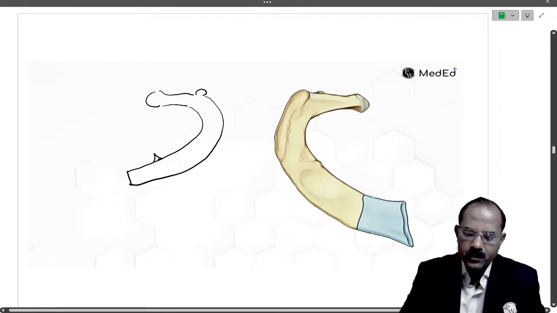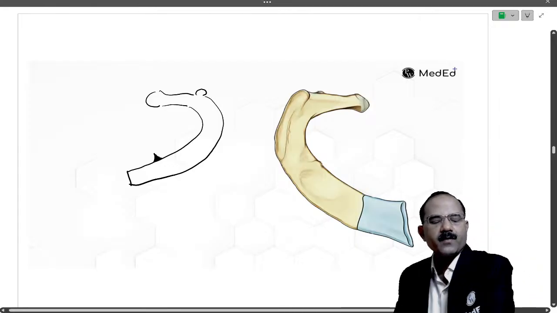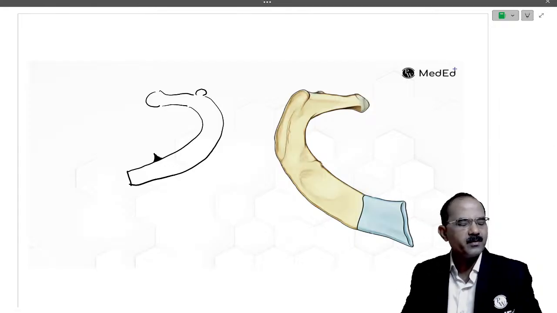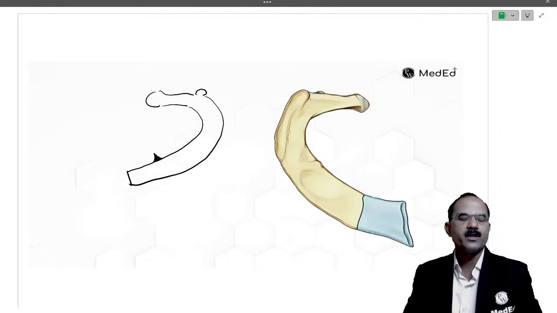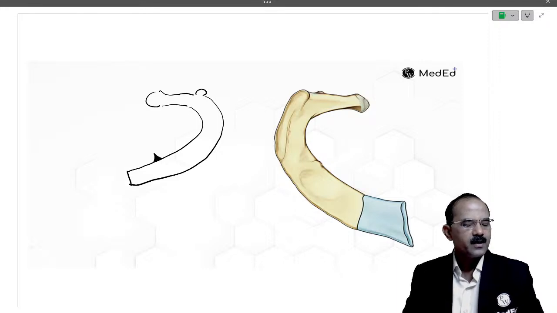There's a tubercle on the first rib. Can anyone tell me what this tubercle is? This is for MBBS. What is this tubercle known as? This is the scalene tubercle. Very good.